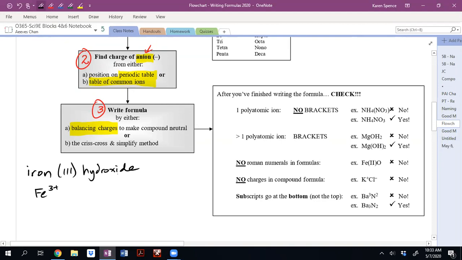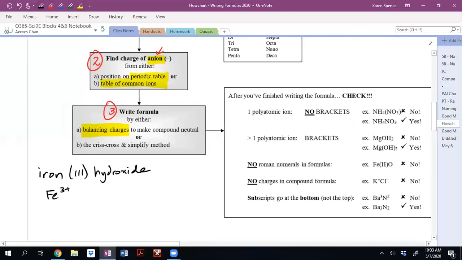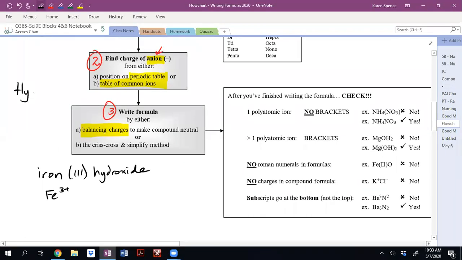And hydroxide, this is one I wanted to point out to you. A lot of people are confusing hydroxide and hydride. Hydroxide is OH minus. You'll notice that there is the oxygen in there, right?